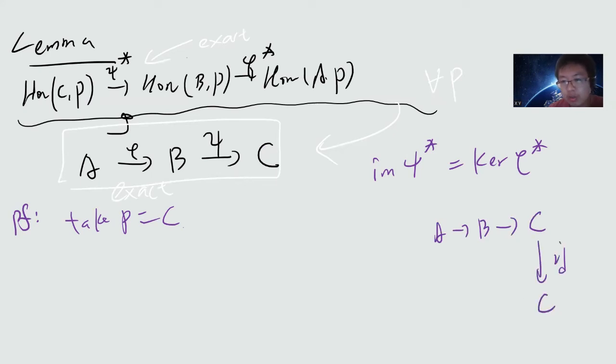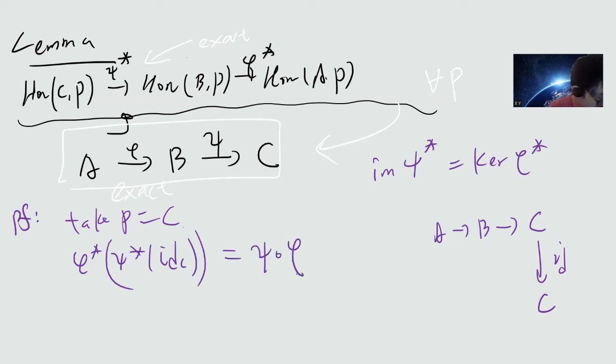Okay, so if I do this, then by definition I have phi star psi star of identity C. And then this is the same as phi composed with psi, right? So you first act with phi and then go to psi, because now this map gives you this map: the identity here goes here and goes here, and in this case, right?